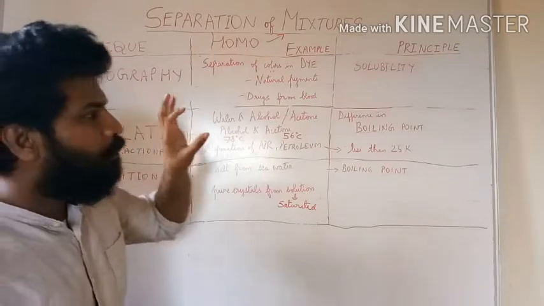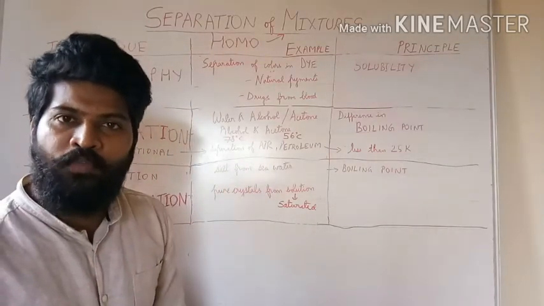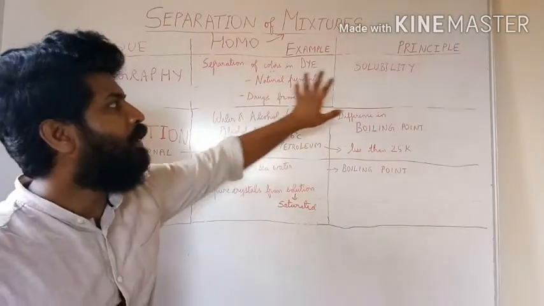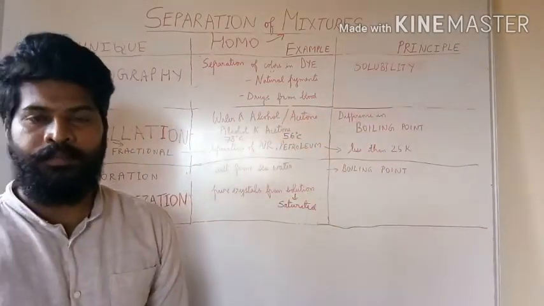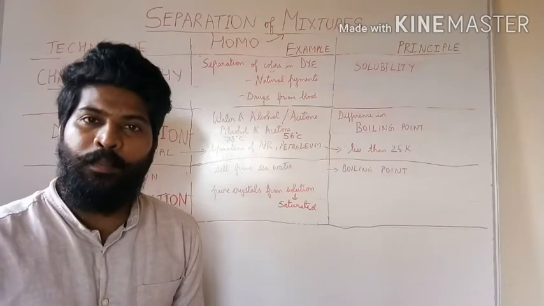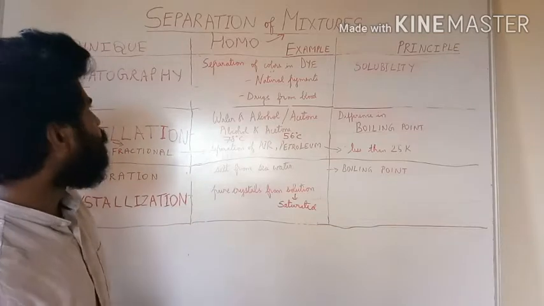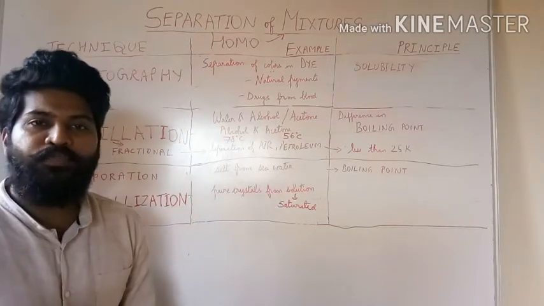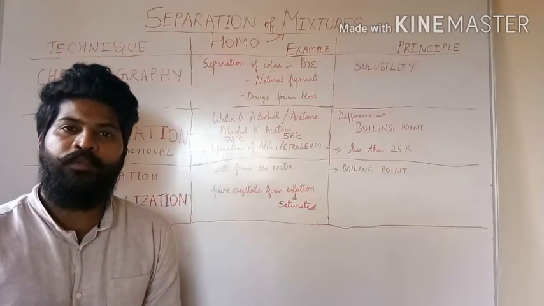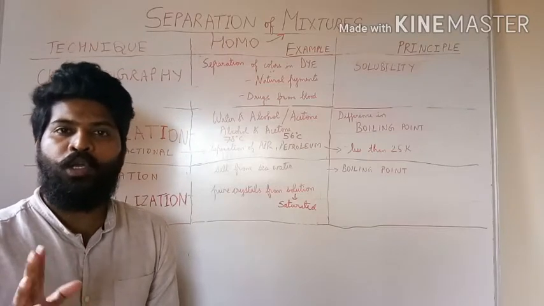So, the basic principle involved in separation of the components in chromatography is solubility. Some components are more soluble, some components are less soluble. Now, the simplest form of chromatography can be done using a paper, which is called paper chromatography.